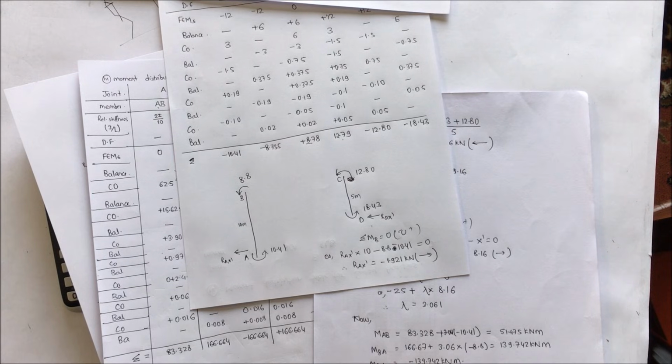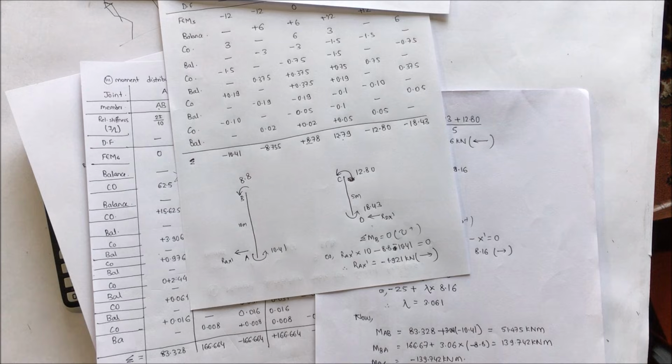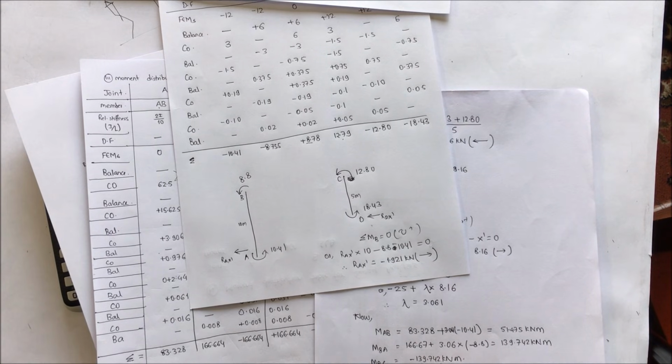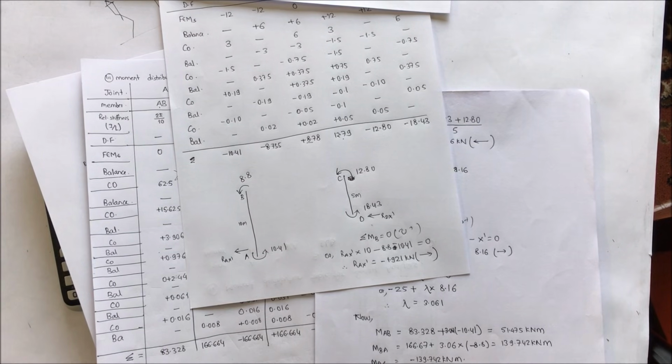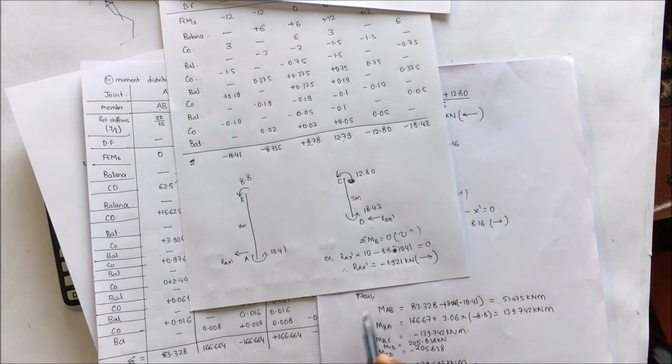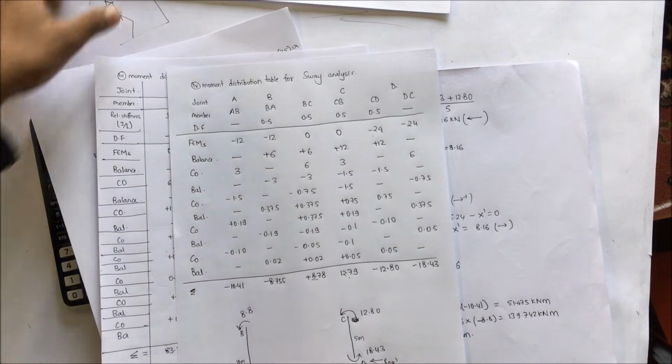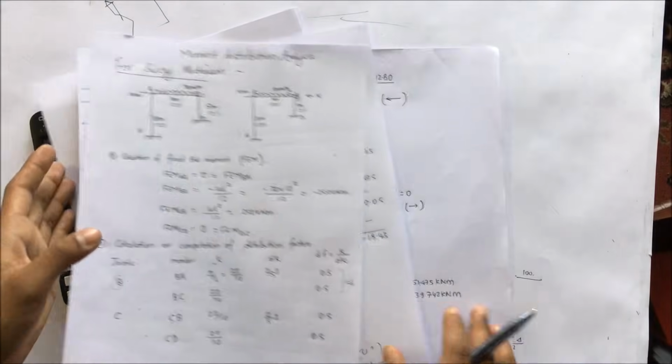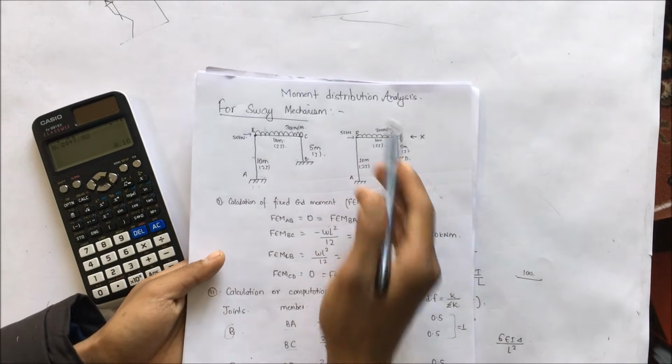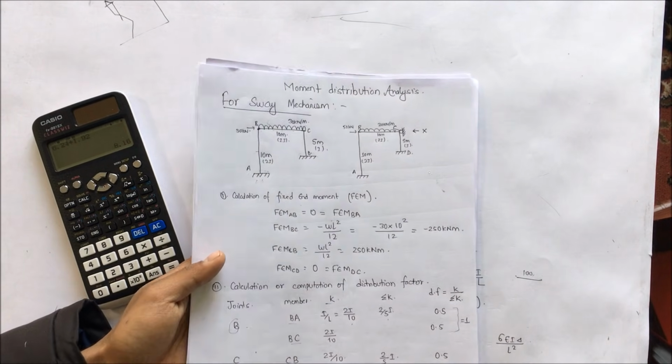MCB is equal to 205.838 kilonewton meter. MDC can also be calculated similarly. So in this way, the sway mechanism is considered for calculation of the moment using moment distribution analysis.